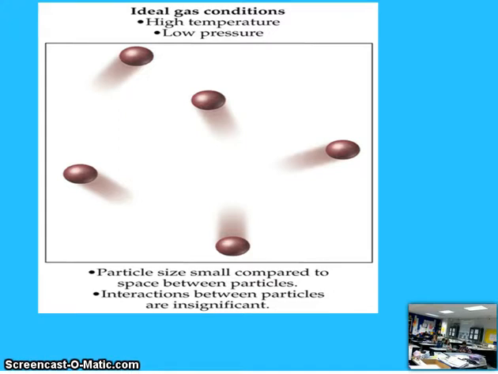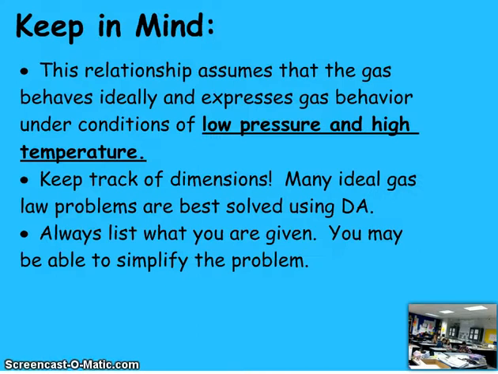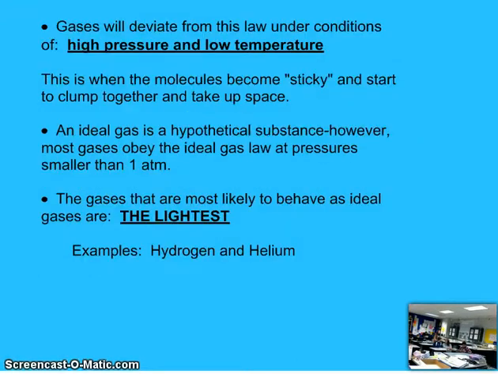Gases will deviate from this law when the opposite conditions are true. They tend to deviate from this law when they're cold, so when the temperature is low, and when the pressure on them is high. So gases deviate from this law under conditions of high pressure and low temperature, when you smush them.